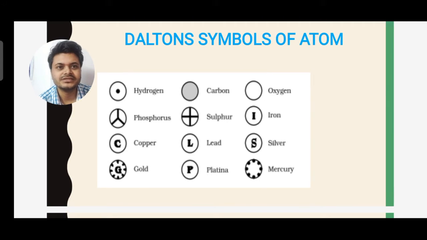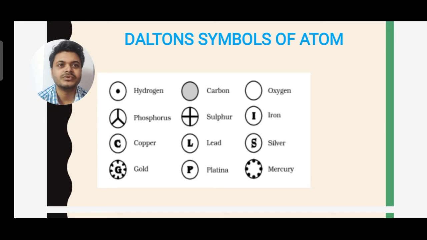Next you can see these are the Dalton symbols of atoms. You can see here hydrogen, how they are written, carbon, phosphorus, copper, gold, then sulfur, lead, platina, oxygen, iron, silver, mercury.